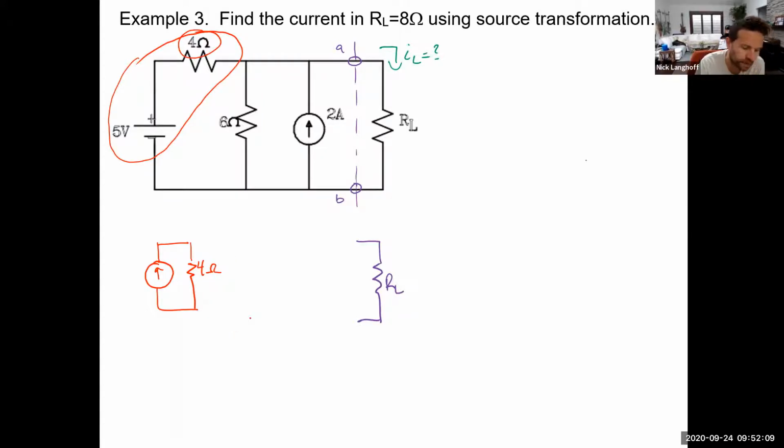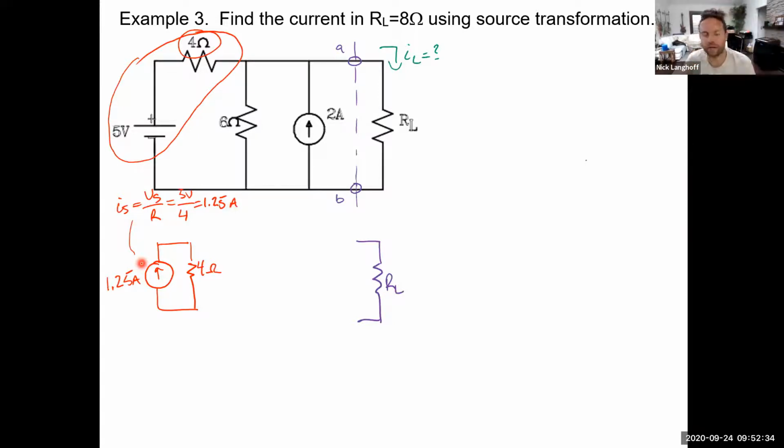And the value of the current source, remember this value here would be IS, which is VS divided by R, right? So that's 5 volts divided by 4 ohms is 1.25 amps. So this is 1.25 amps.